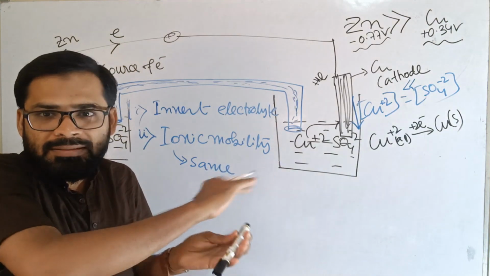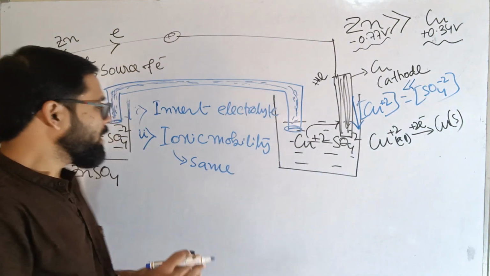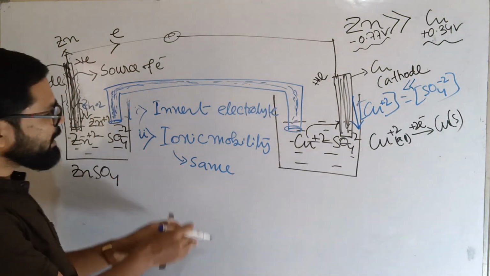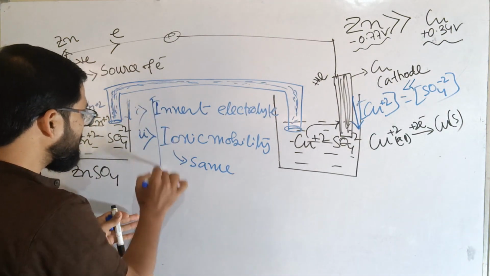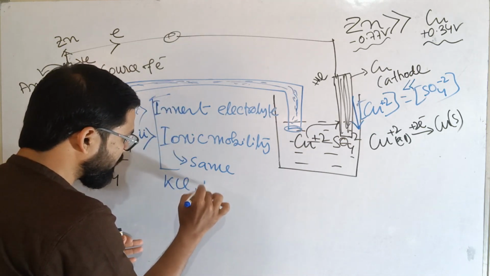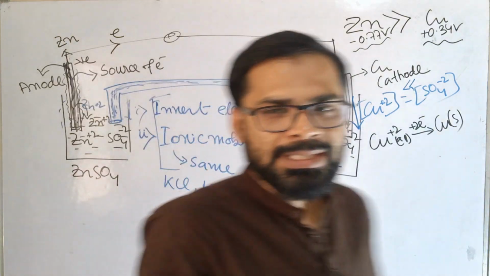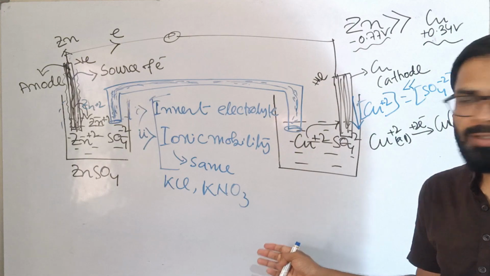They can't reach electrical neutrality. That's why ionic mobility should be the same. So which electrolytes? KCl, KNO3, NaCl, these are basically the inert electrolytes we normally use.